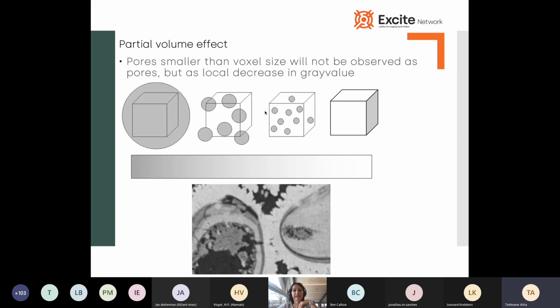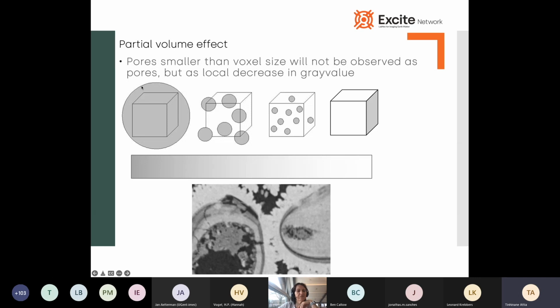If you're only working with two materials, meaning, for instance, calcite versus pores, you can use the difference in gray value to get a kind of estimation of the total volume percentage of your pore within your voxel. So this is presented here.